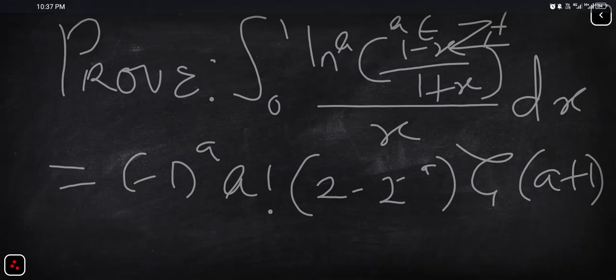So we have to prove that the integral from 0 to 1 of natural log to the power of a of (1 minus x over 1 plus x), all over x dx, will be equal to minus 1 raised to the power of a multiplied by a factorial multiplied by 2 minus 2 raised to the power of minus a, multiplied by the zeta function of a plus 1. So that's what we want to prove.